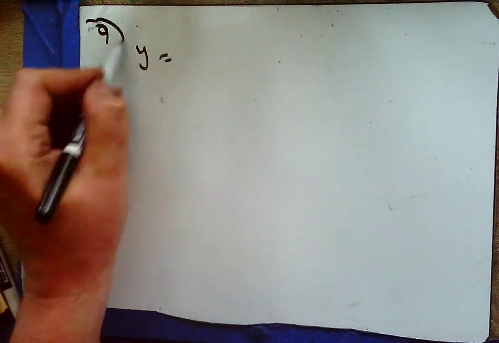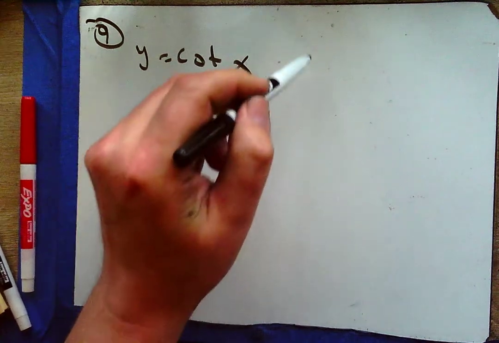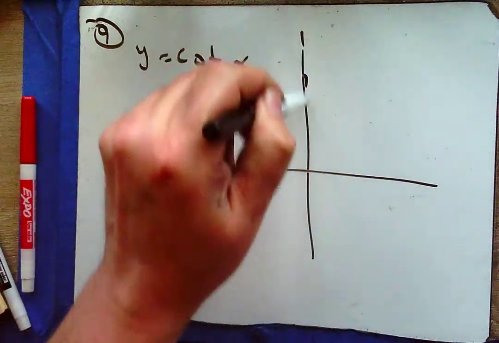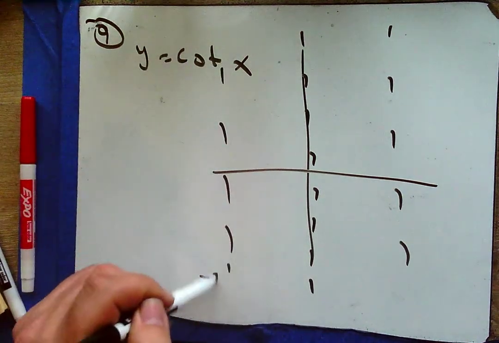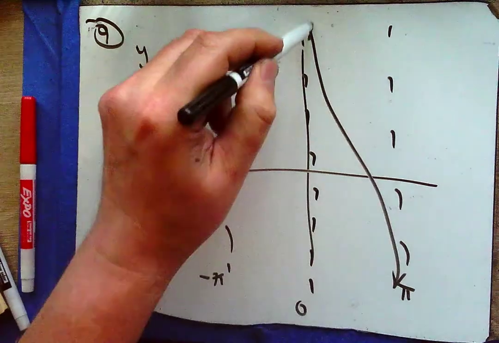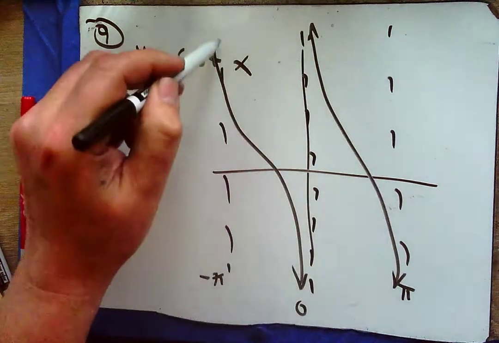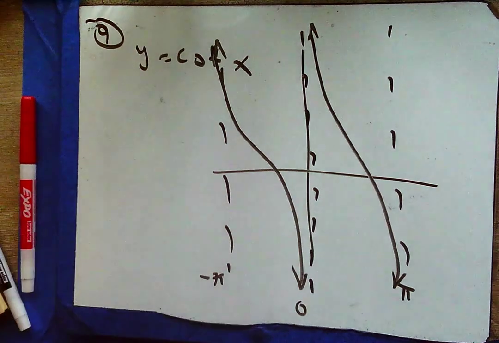So where are we now? 9. 9 is y equals cotangent x. And so let's think about the graph of cotangent. It has vertical asymptotes at 0, pi, negative pi. And it looks like this. And so, wow, cotangent is going to have a lot of discontinuities.